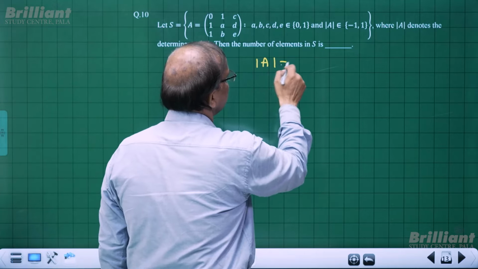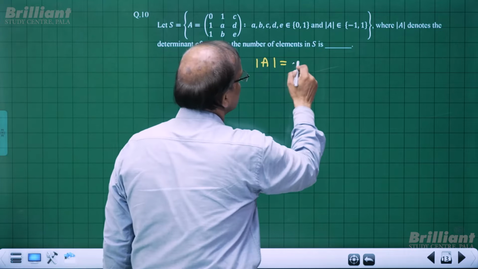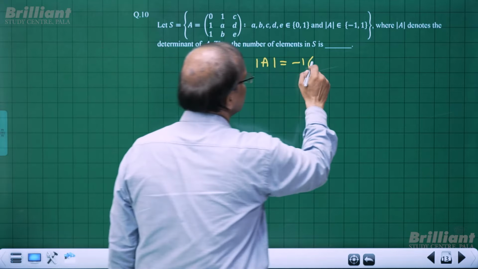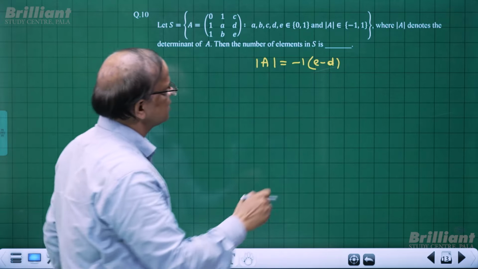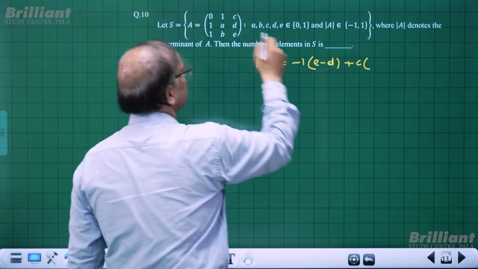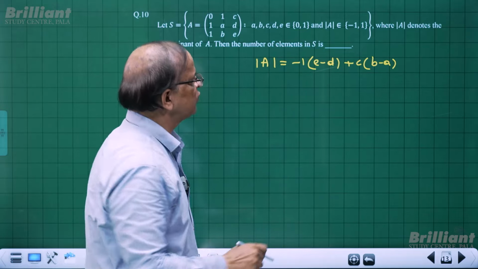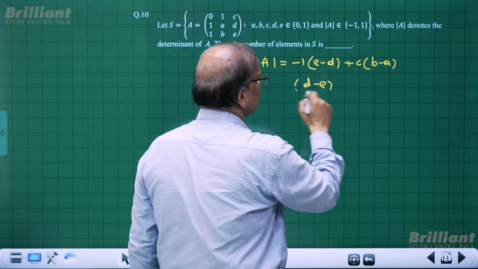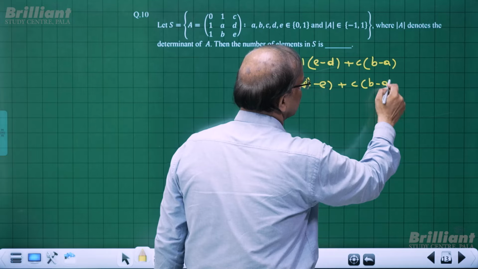So, determinant of A is equal to 0 into that 0, minus 1 into this column, so E minus D, right. Then next plus C into B minus A, okay. So, therefore, here we multiply this D minus A and plus C into B minus A, okay.